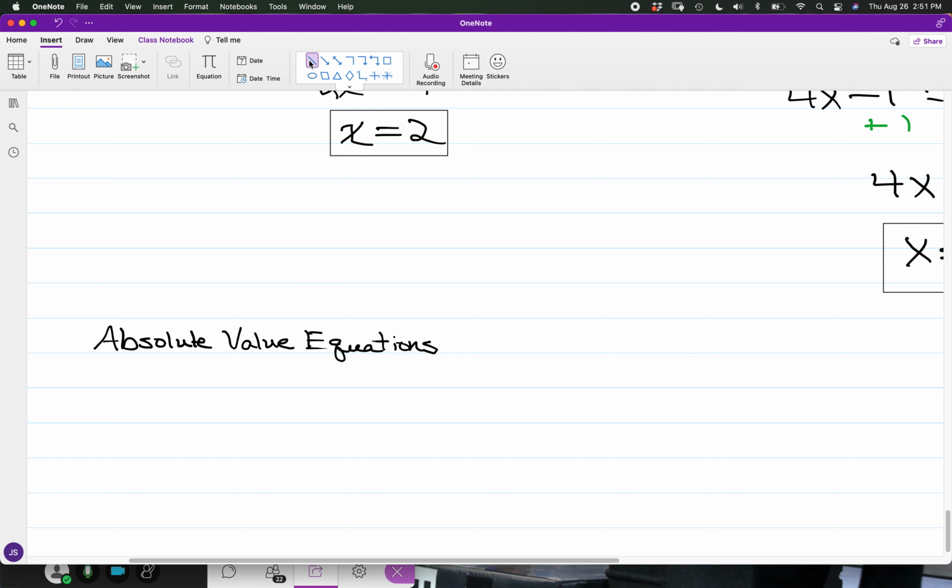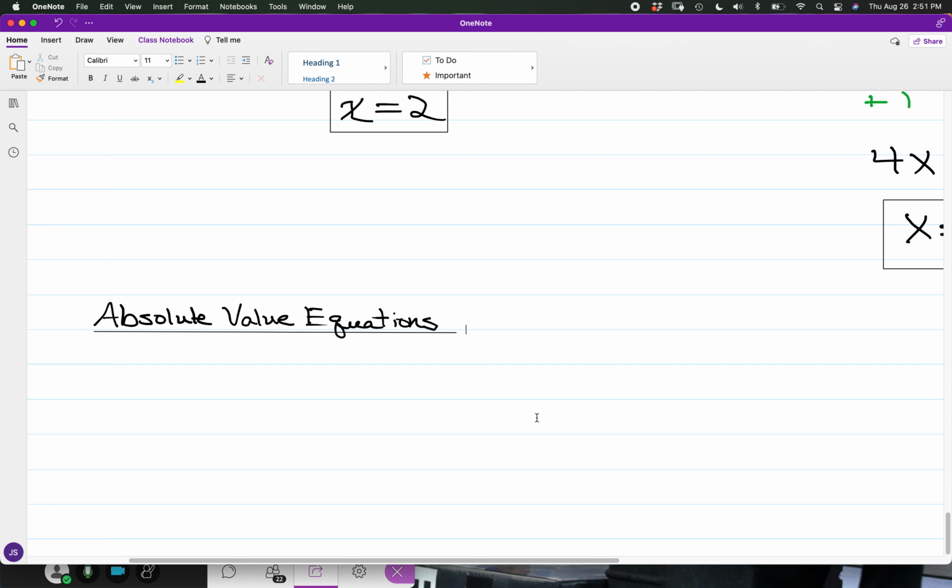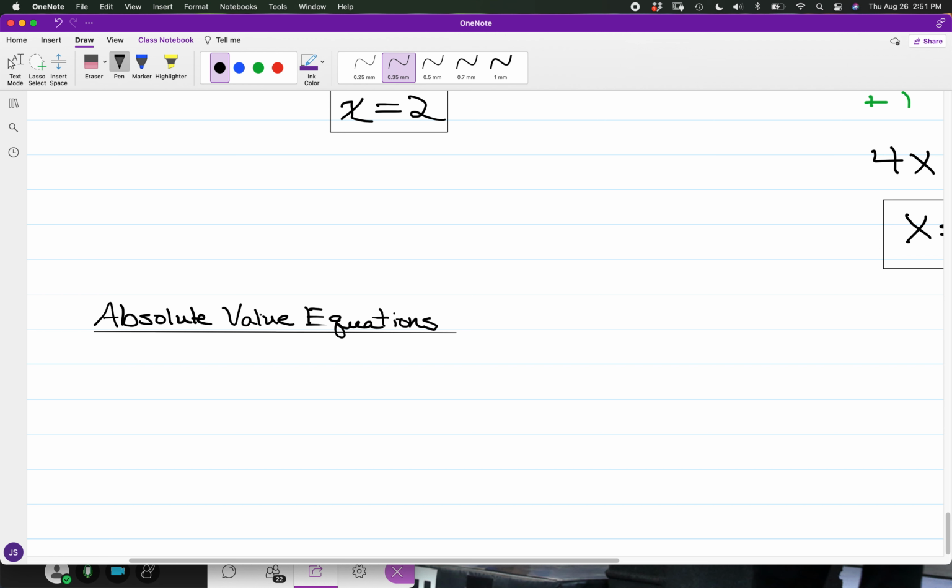In the case of absolute value equations, it's likely that most of you have dealt with absolute value in some way, shape, or form, and it just basically involves the distance away from zero.